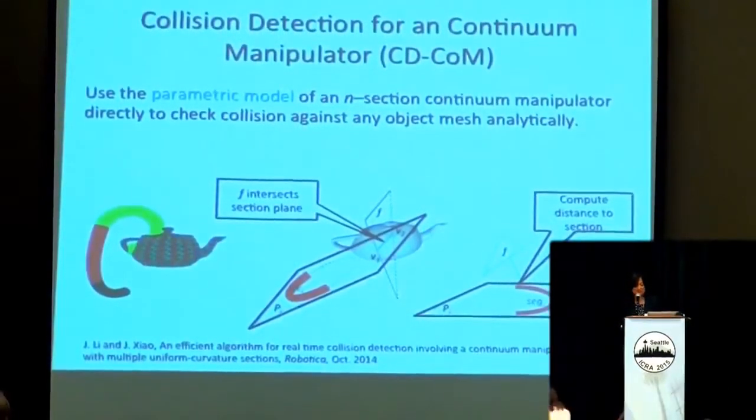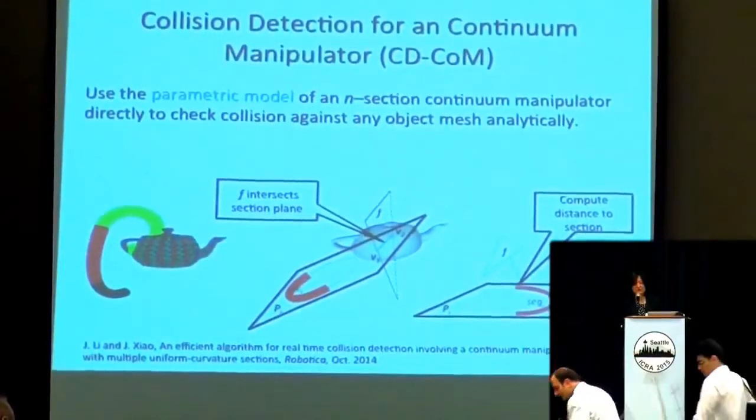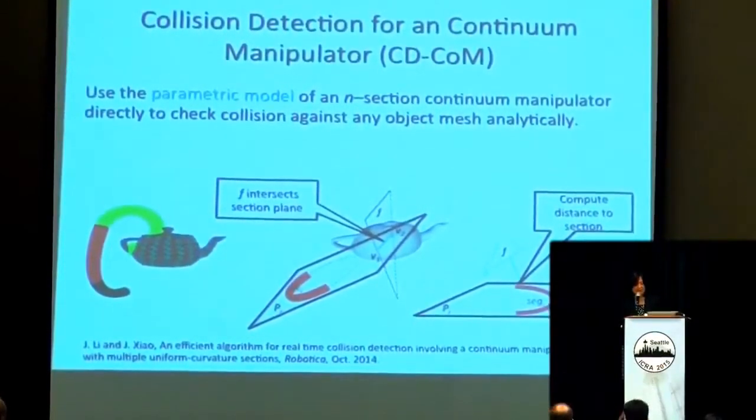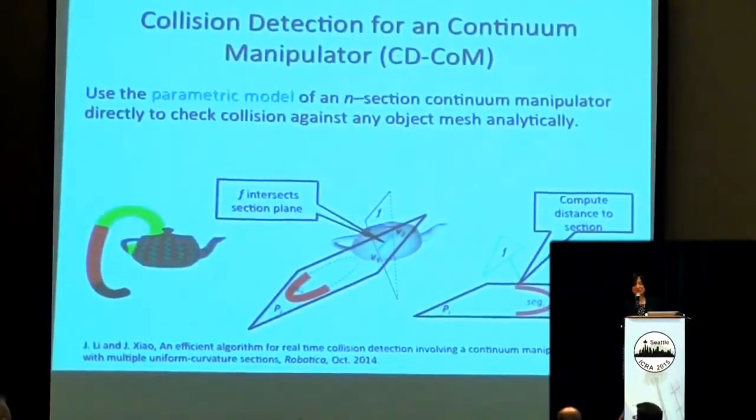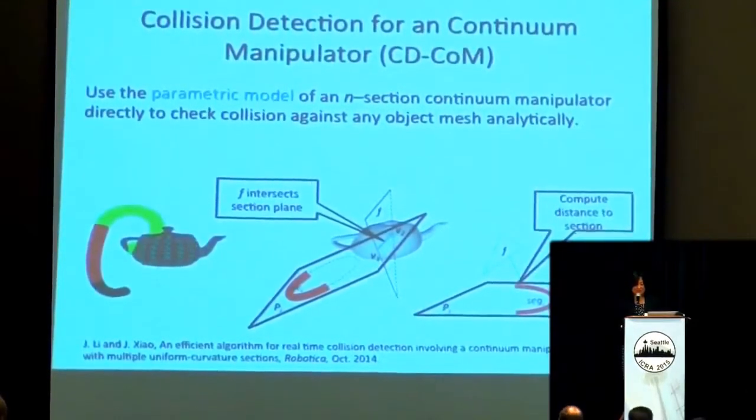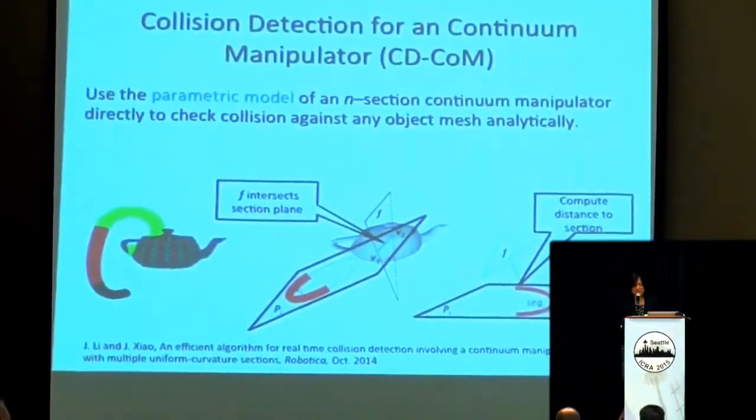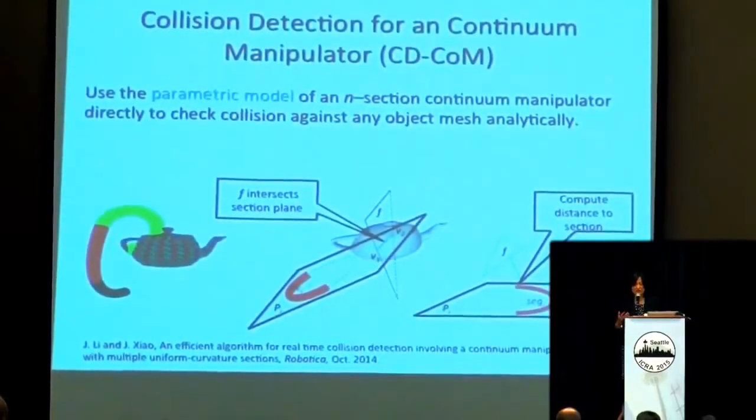So we considered using the parametric model of the manipulator to directly check collision against any object mesh analytically. For a polygon of an object mesh, first, if it intersects with the cross-section plane of a particular section, then the problem is converted into just a 2D checking between a line segment and a circular segment.